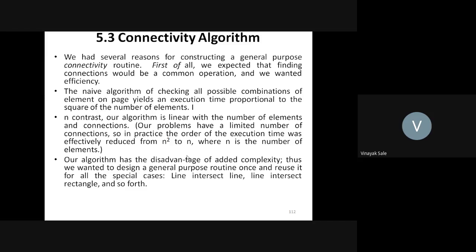So in practice, the order of the execution time was effectively reduced from n square to n, where n is the number of elements. Our algorithm has the disadvantage of added complexity. Thus, we wanted to design a general purpose routine once and reuse it for all special cases: line intersect line, line intersect rectangle, and so forth.